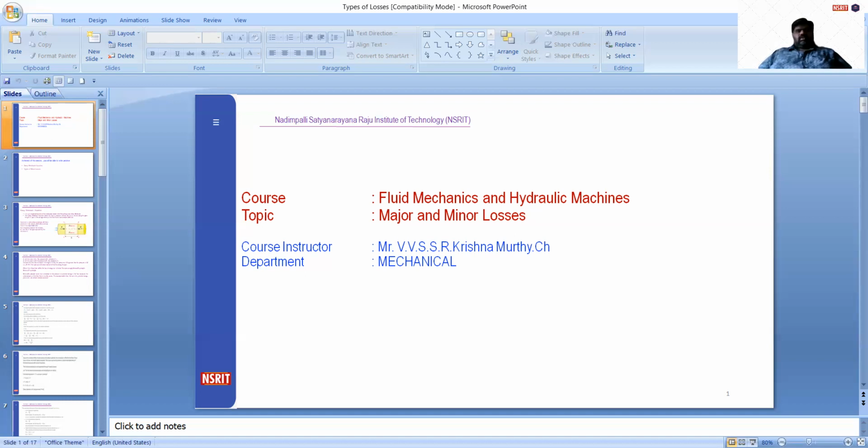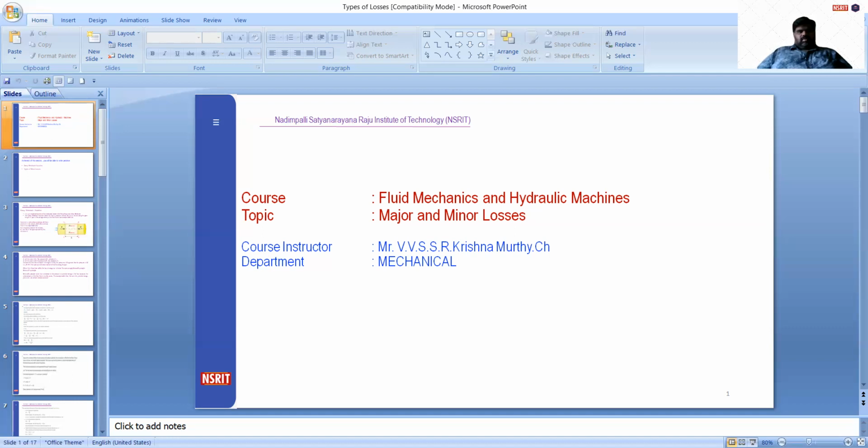We know that force is equal to rate of change of momentum, from continuity, so rho Q into (V2 minus V1). On substituting and simplifying, (P1 minus P2) by specific weight is equal to V2 into (V2 minus V1) by g. And we all know Bernoulli's equation: P1 by rho g plus V1 square by 2g plus Z1 is equal to P2 by rho g plus V2 square by 2g plus Z2 plus loss of head due to sudden expansion. P1 minus P2 can be written as he plus (V1 minus V2) whole square by 2g.